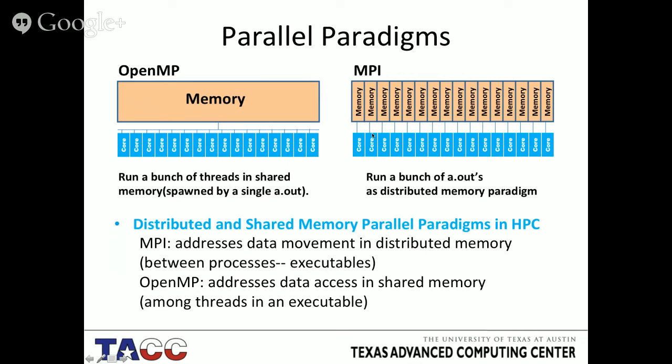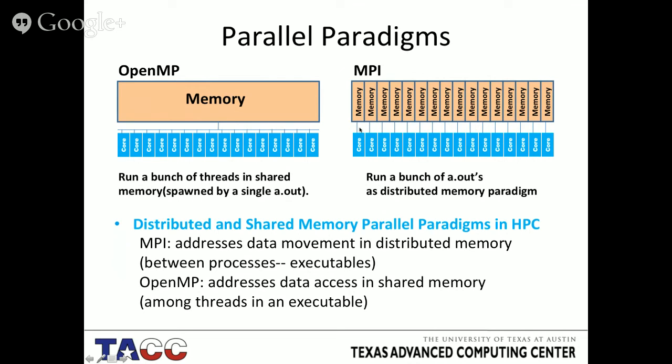It can't see what the other task is doing or access that memory. So you'll have task 0 here, task 1 here, each with its own memory allocation, and it can only see that. When they need to communicate information, they do that through MPI. This task running on this core does an MPI send, and this one does a receive and gets that information.